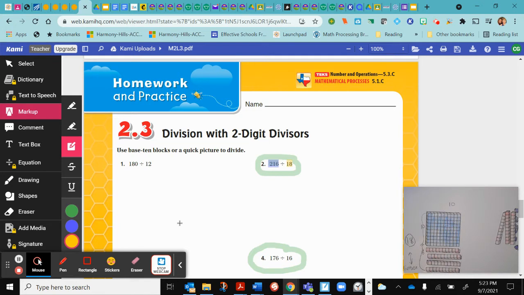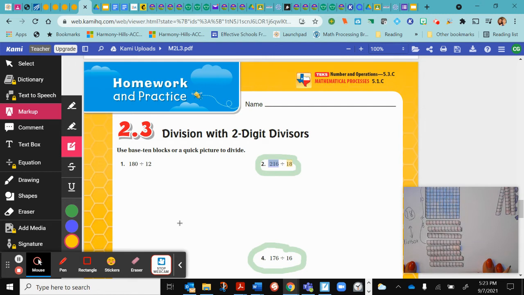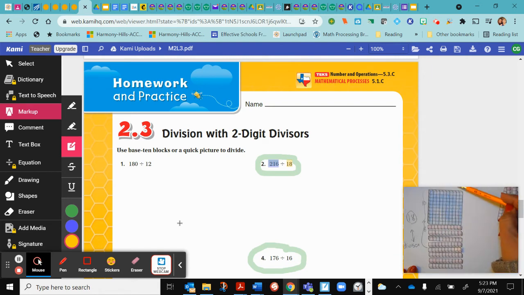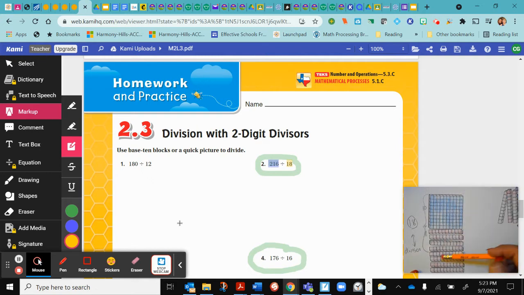All right, so this is what it's going to look like. And you're going to draw that out on your paper so that you will have that. So I'm showing that I had 10 and then plus 8 10s that I've added. So I'm going to have now 10 groups of 18 in each group.